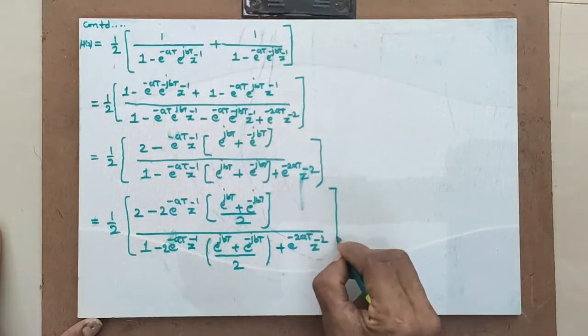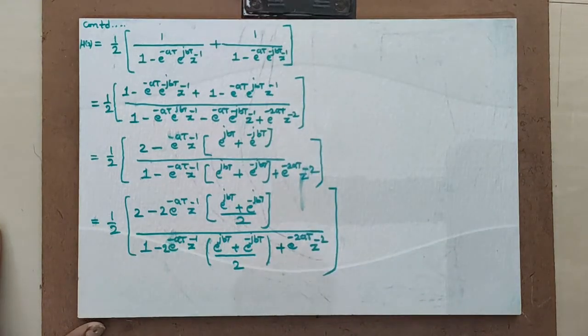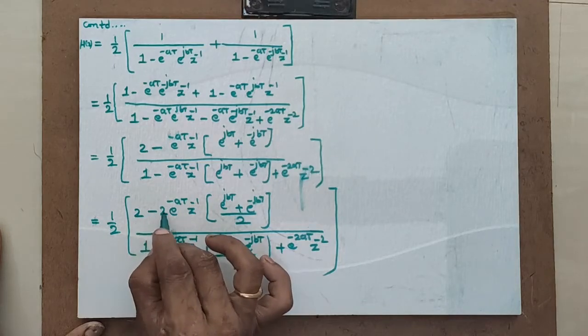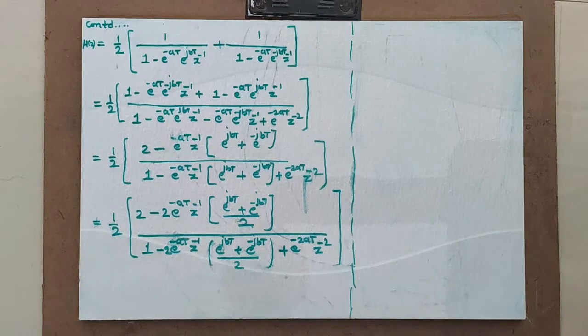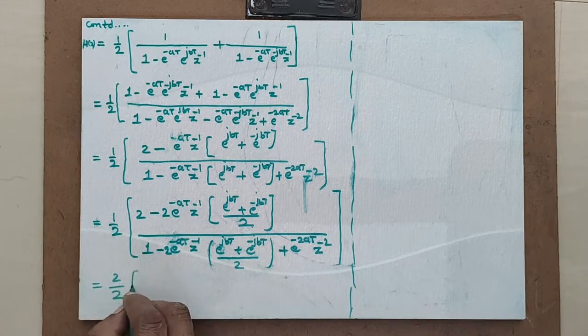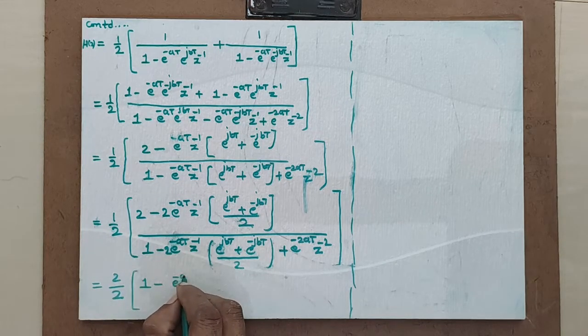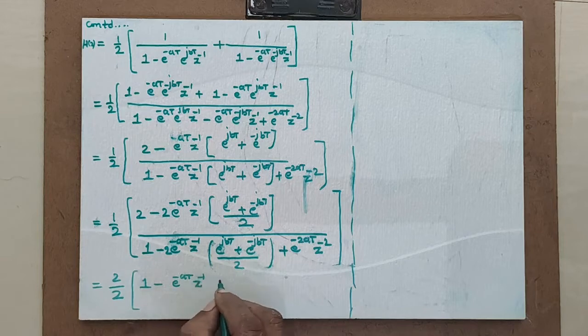Now see here, this 2, minus 2, a common thing, 2 I can keep outside. Keeping 2 outside, 2 divided by 2, 1 minus e raised to minus at z raised to minus 1.